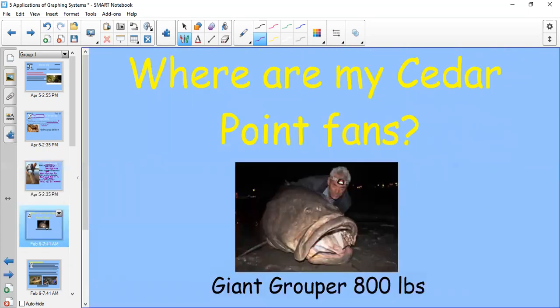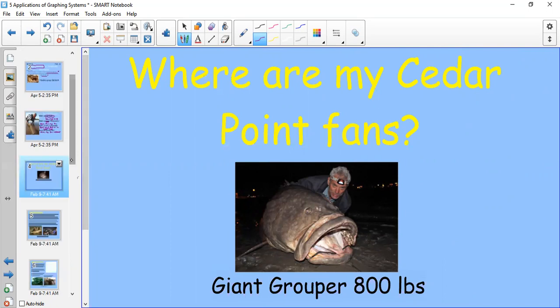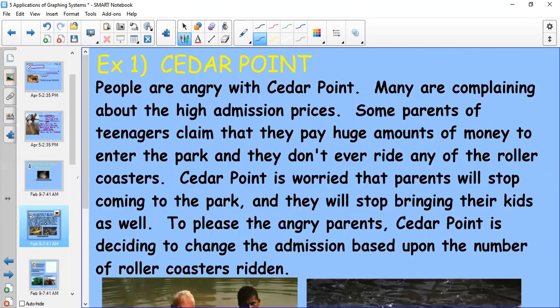We are going to now have a situation. This deals with Cedar Point, and just so you know, I totally made up this scenario. Cedar Point is just a place that I like to go, so I made this about something that I enjoyed. It says here, people are angry with Cedar Point. Many are complaining about the high admission prices.